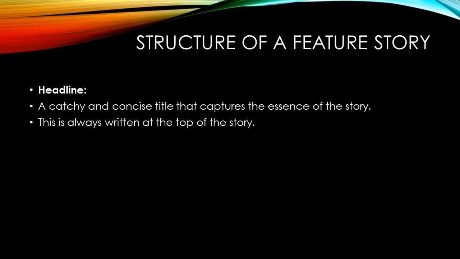We say, for example, "Won the battle, made history." So "Won the battle, made history" is like a headline for the story that you're going to talk about. This is always written at the top of the story. We've learned that first comes your title and then you write the headline. It has to be catchy and compelling. When I go through the headline, I should really want to read the story.